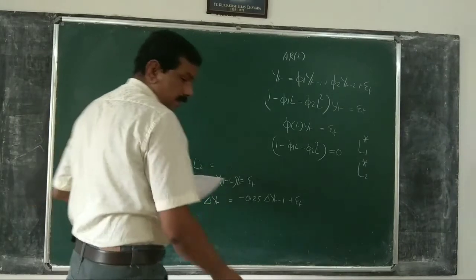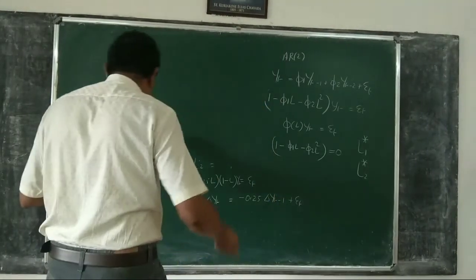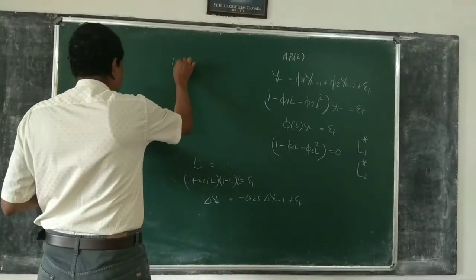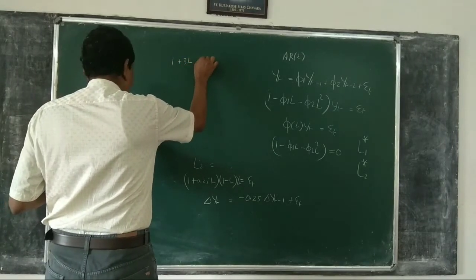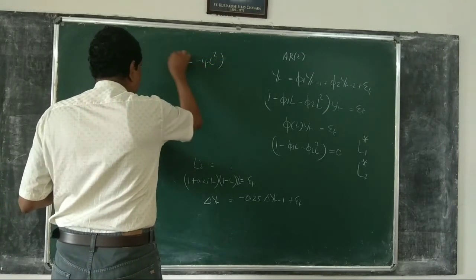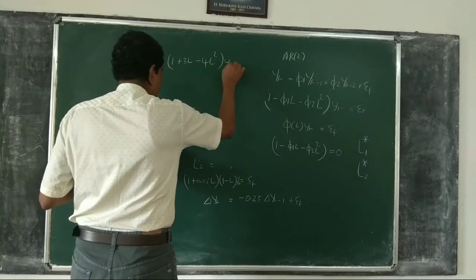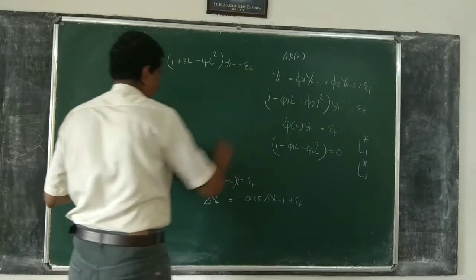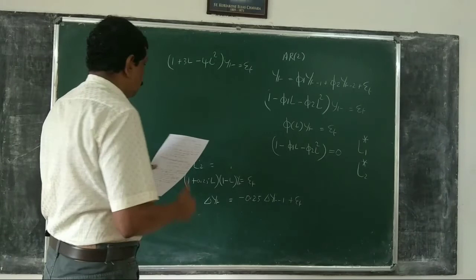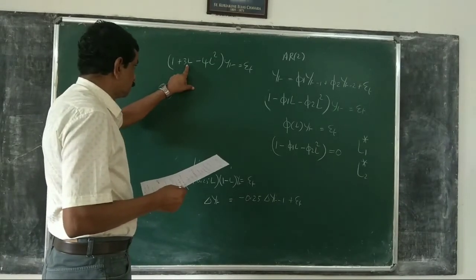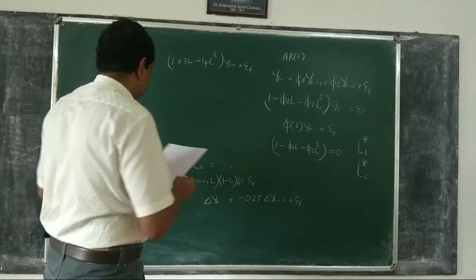Now suppose that (1 plus 3L minus 4L squared) yt is equal to epsilon t. That is, phi1 is minus 3, phi2 is 4.